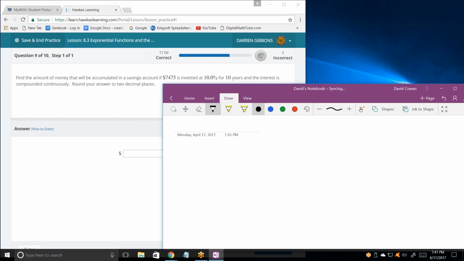Continuous compounding is a little different. It's PERT. That's the way I remember it. P times e to the RT, where P is your initial principal, R is the rate, your annual rate, and T is the number of years. So this is actually relatively easy.